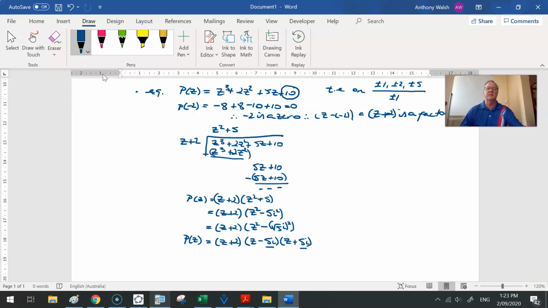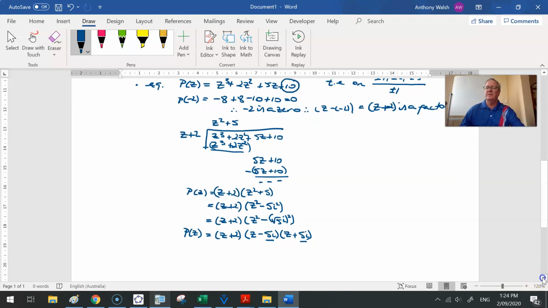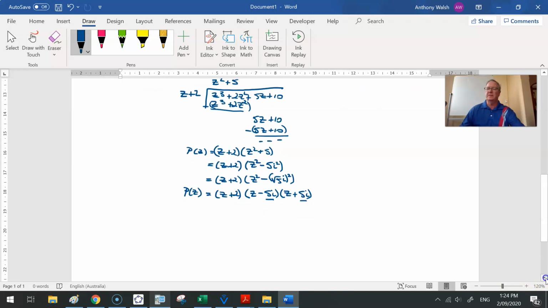There's the 3 factors. z plus 2, which includes a real 0, negative 2. And then 2 other ones, which, because they are complex, the conjugates of themselves must also be zeros, and therefore they're roots as well. Therefore factors as well.